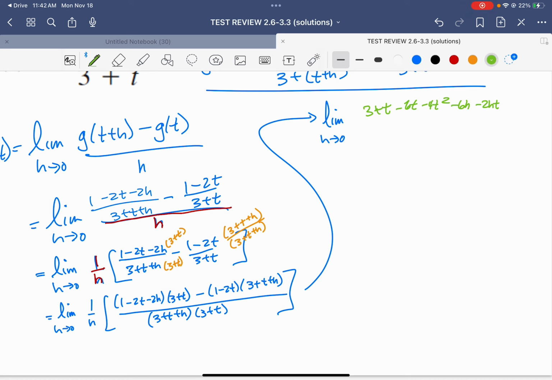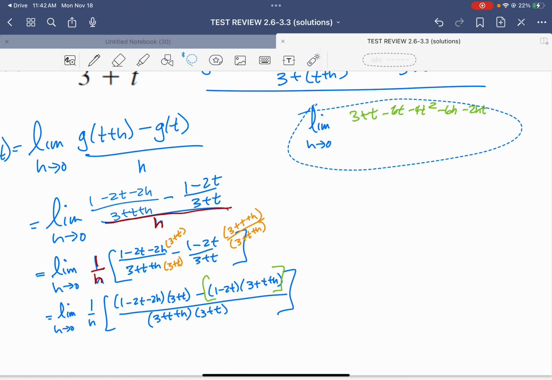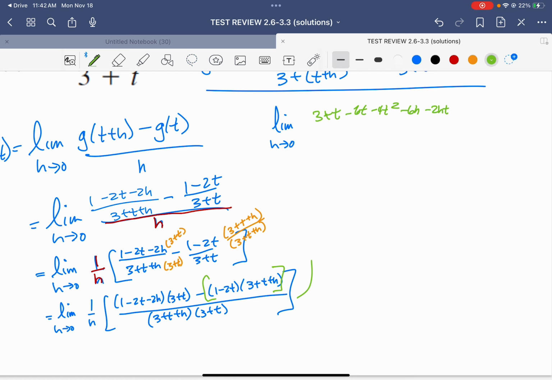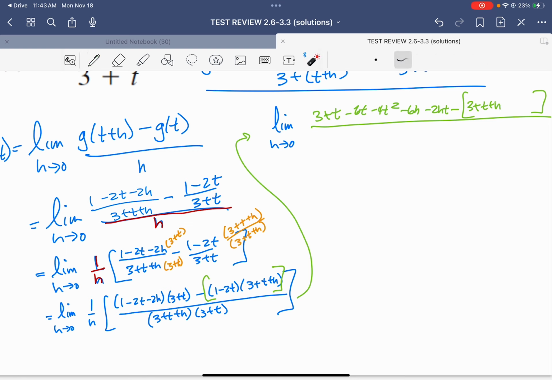Then over here, I'm going to be careful and make sure that I'm subtracting all of this. So first, a 1 distributes and hits each of these. It's going to be subtracting everything in parentheses right here, which is going to be 3 plus t plus h. And then you multiply everything by negative 2t.